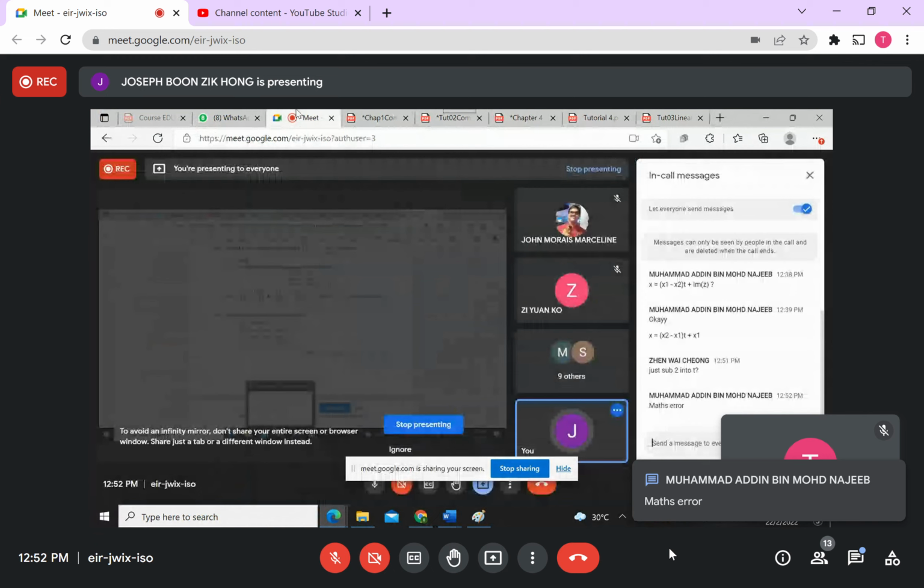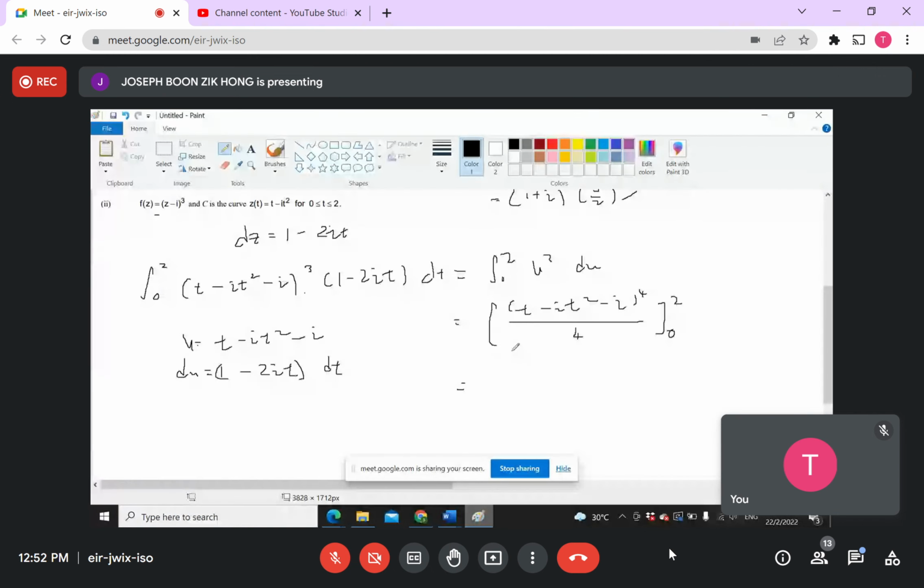Just sub 2 into t. Max error? Let me see. Normally it's sub 2 into the t, should be correct. So 4 over 4, from 0 to 2. I will have 2 minus, this one will be negative 4 minus 1, so negative 5.